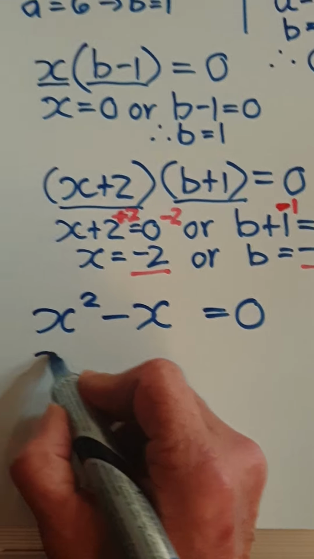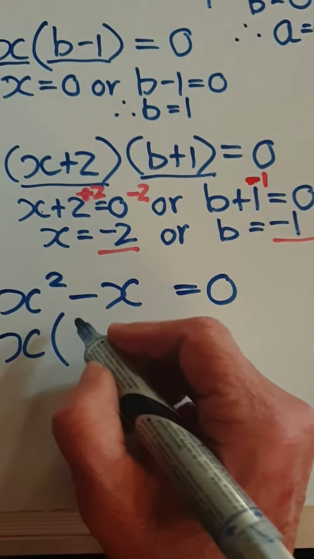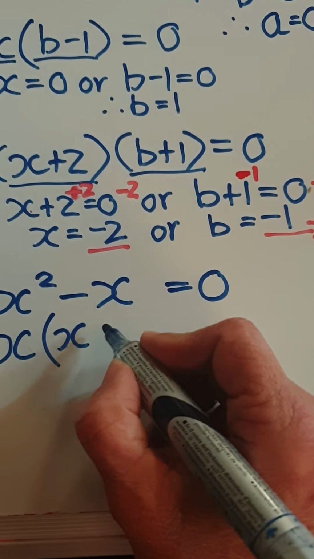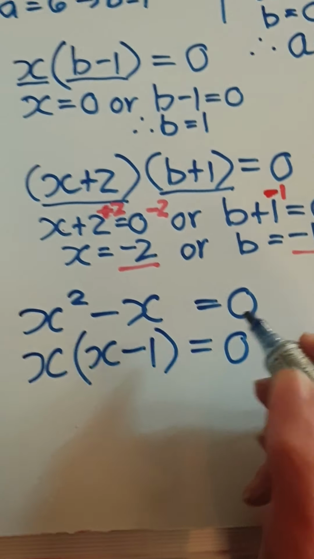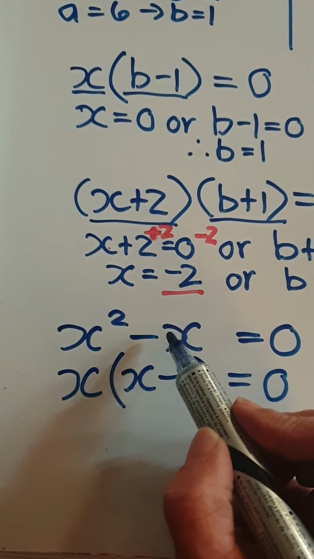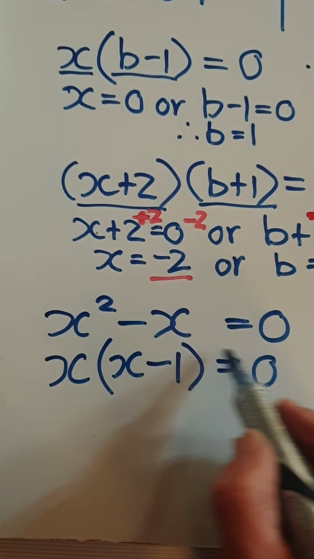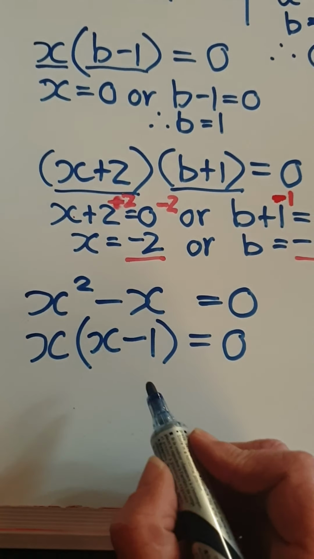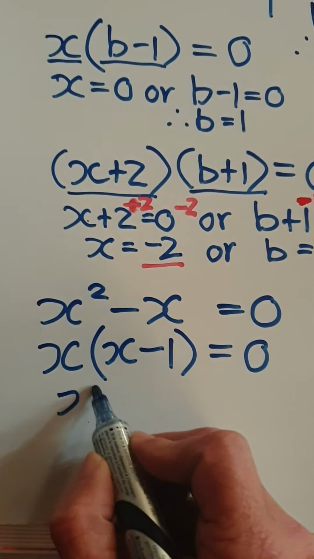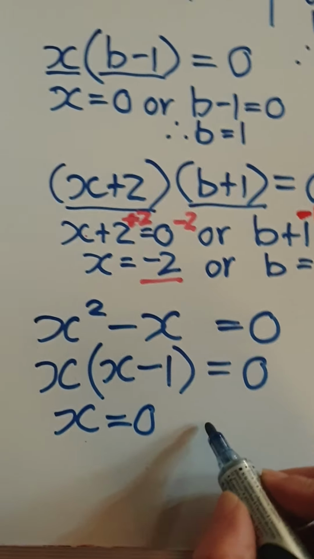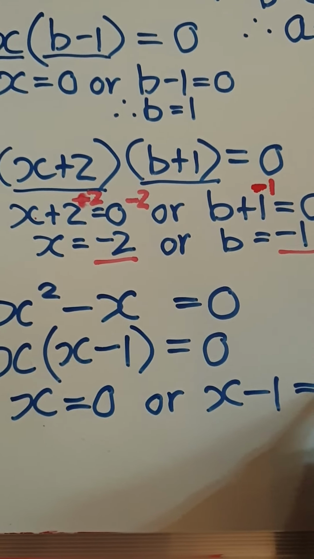So I can take x out as my highest common factor, and in my bracket, if I divide x squared by x, I will get x, minus x divided by x is 1, equal to 0. I go from 2 terms on the left-hand side to a product of factors, which now makes it very easy to solve, because either one of these factors must be 0. Therefore, x must be 0, or the bracket x minus 1 must be 0.